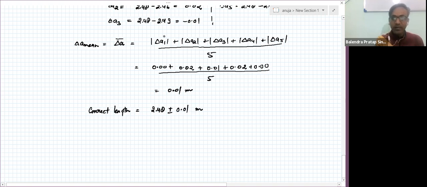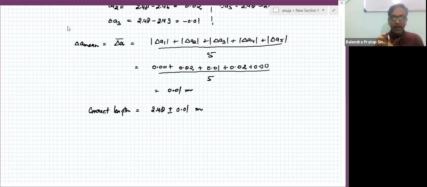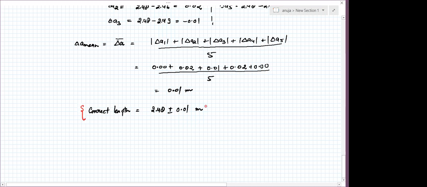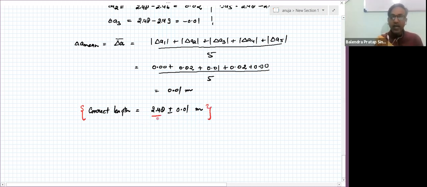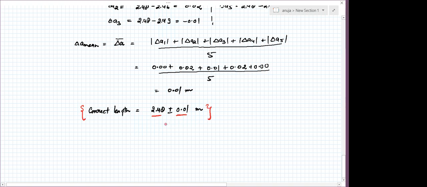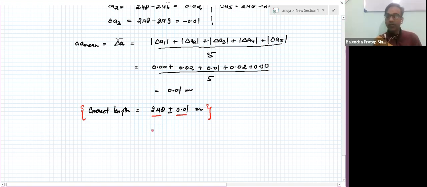In this way you will define these values. 2.48 is the actual value, and 0.01 is the error. So you always write it like 2.48 plus minus 0.01.